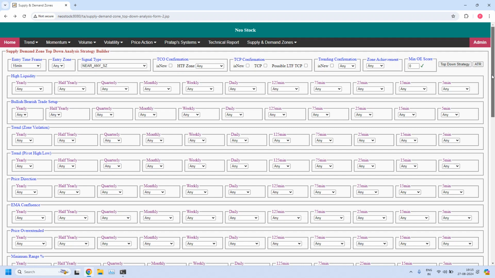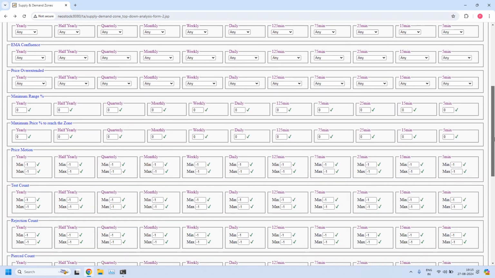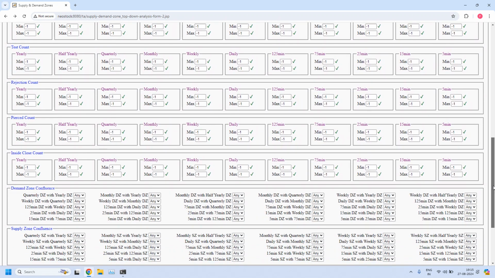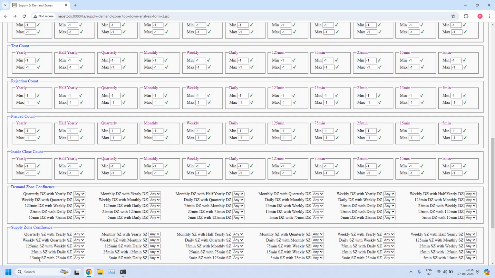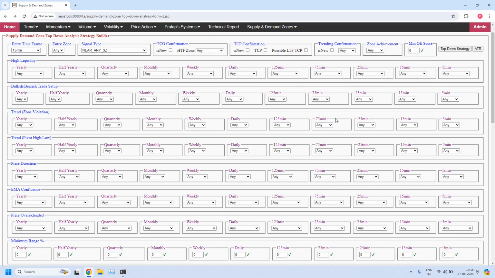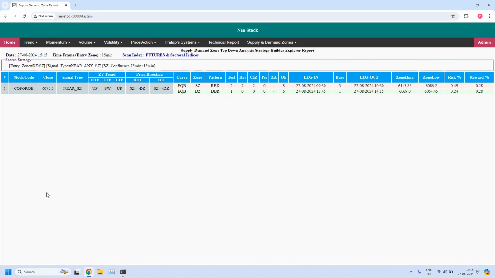So 15 minutes and 75 minutes supply zone confluence. So here 15 minutes supply zone with 75 minutes supply zone I enabled. Let's verify. Only one stock, Coforge, is having a zone confluence, but RR is not good.